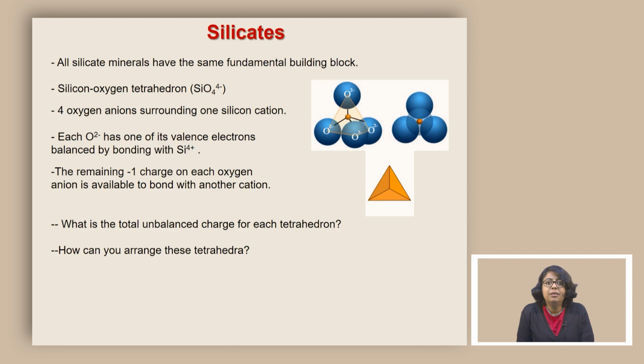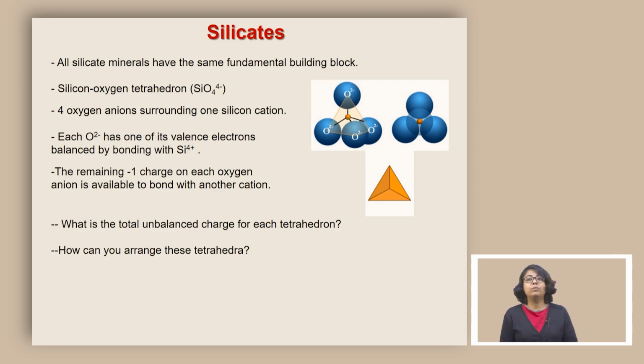At the center you find the Si, the silicon, and then there are 4 oxygen anions surrounding this one silicon cation. Each of these oxygens has one of its valence electrons balanced by bonding with Si 4 plus, but that means the remaining -1 charge on each oxygen anion is available to bond with another cation.